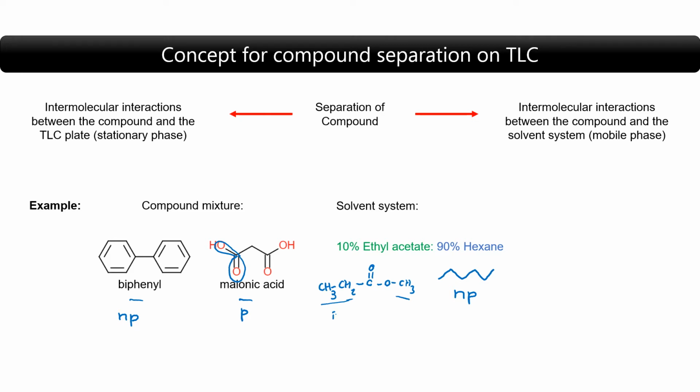So overall, ethyl acetate has intermediate polarity. However, in the solvent system, there's only 10% of ethyl acetate but 90% of hexane. So overall, the solvent system is nonpolar.